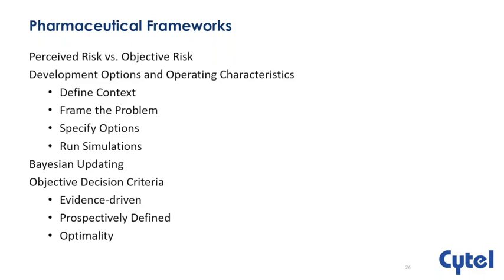And now I'm outlining the step that should actually always be done in drug development, and that is really stepping back and defining the problem, defining the context, and defining the frame of the problem. What's the purpose? What are we trying to achieve? What is our ultimate goal? How are we going to measure things, right?